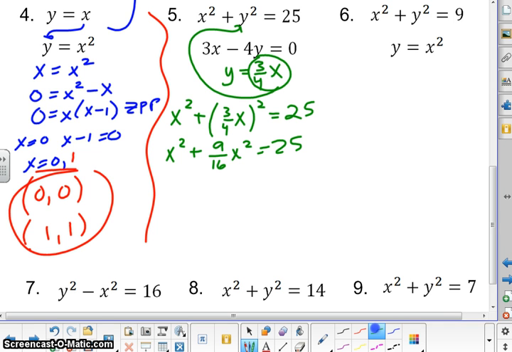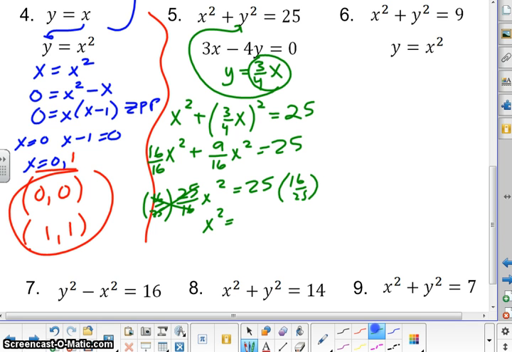And this is 1, so that would be 16 over 16, which is 25 over 16 x squared. And if you multiply both sides by 16 over 25, those cancel, giving you x squared all by itself, equaling 16. So what we have just discovered is that x would equal plus or minus 4.